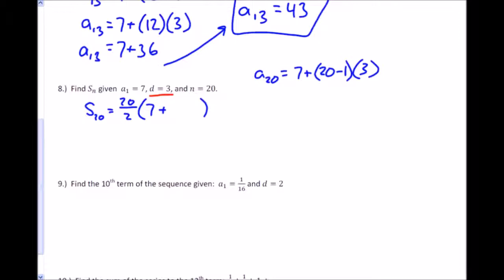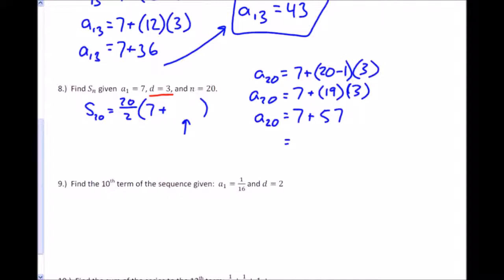Okay? So now I've got to plug this in. Once I find this, I'll have my a sub n, which will go here. That's 7 plus 19 times 3, so a sub 20 equals 7 plus 57.